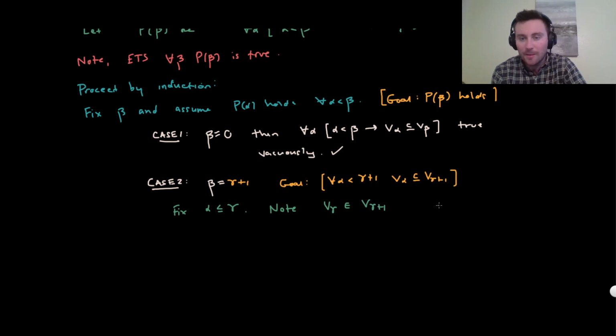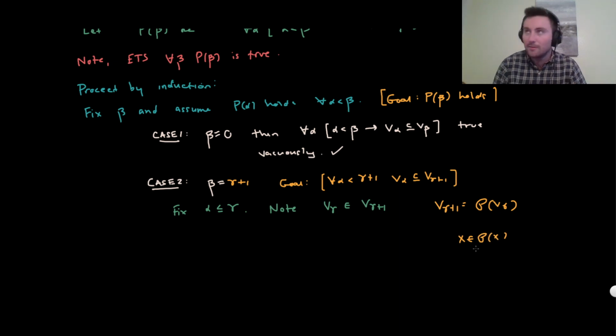Well, what is V gamma plus 1? V gamma plus 1, by definition, is the power set of V gamma. But some set x is always an element of the power set of itself, right? Because it's a subset of itself. So it's in the power set of x. Well, V gamma is a subset of V gamma, so it's an element of the power set of it, which is V gamma plus 1.